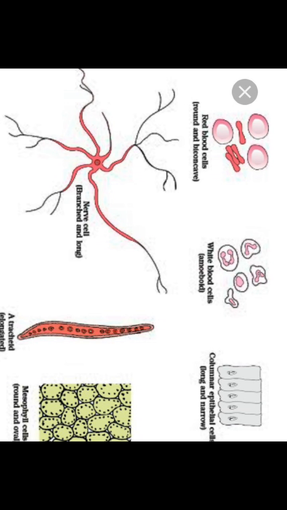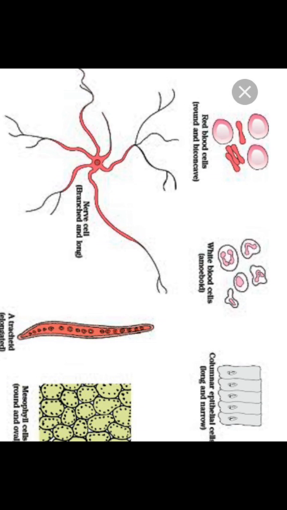Next, branched and long cell, example nerve cell. In the diagram, fourth diagram from the start, branched and long cell. Next, in the diagrams the third one is columnar epithelial cells, long and narrow.